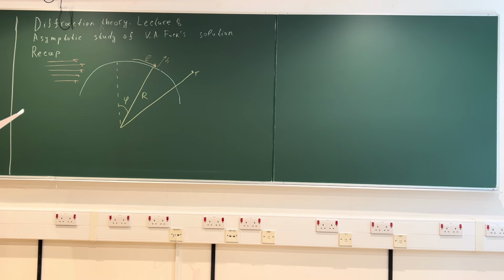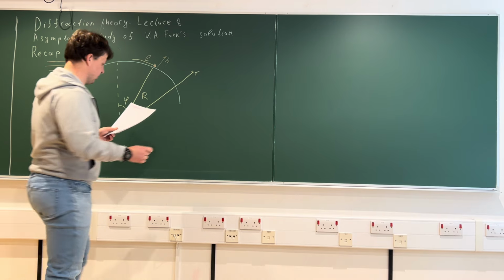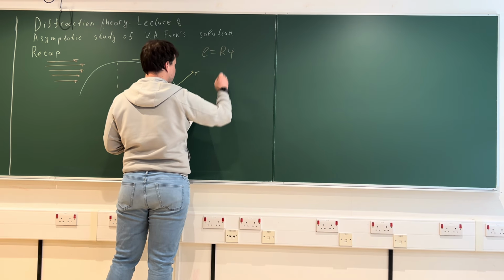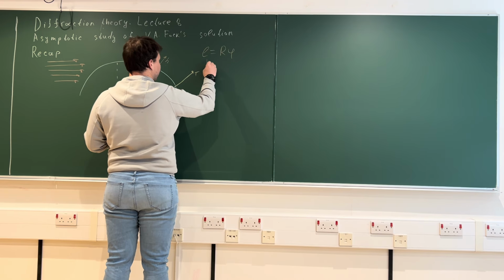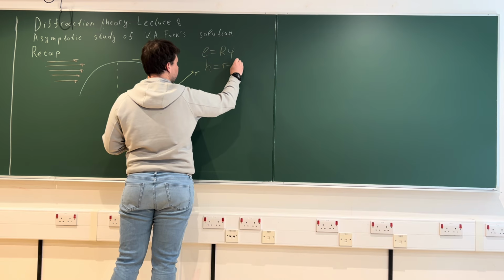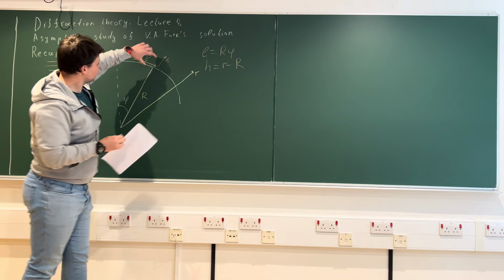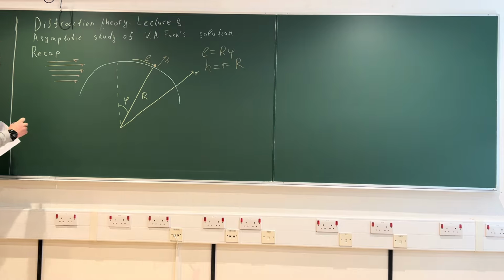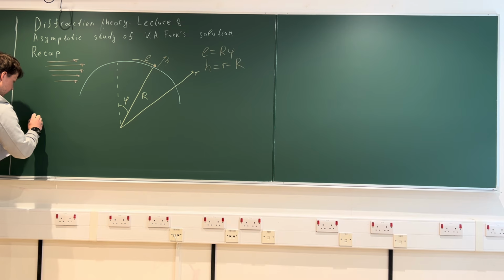And then in our new coordinate system we have L is equal to r phi, and h is just this difference, r minus the radius of the cylinder. Good. Then we solve this problem using the Fourier transform method.